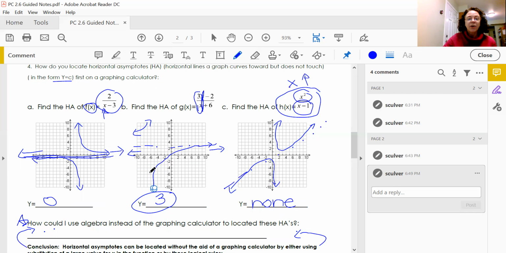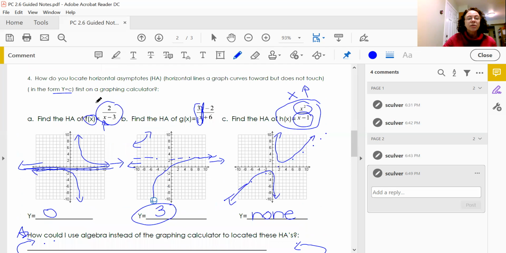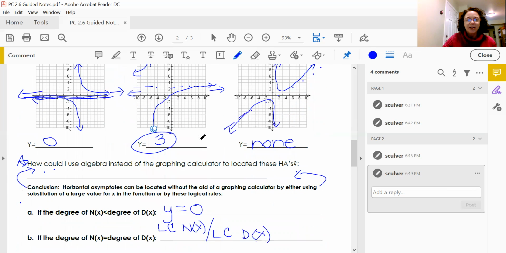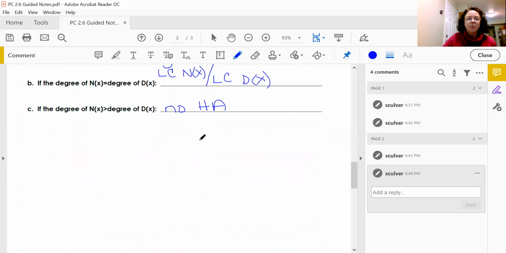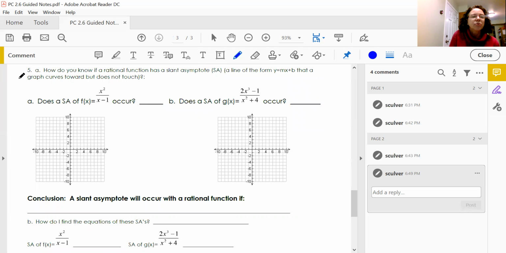So now with our rules below A, B, and C, we can just look at the rational expressions and find the horizontal asymptote by looking at the degrees of the numerator and denominator and the leading coefficients without using our calculator. Welcome to pre-calculus.